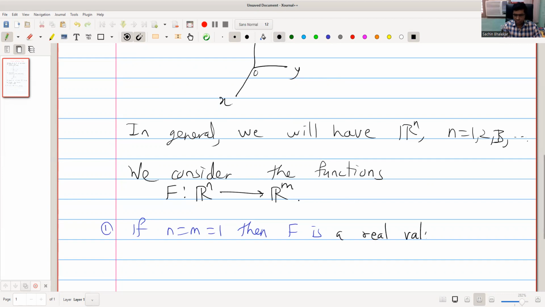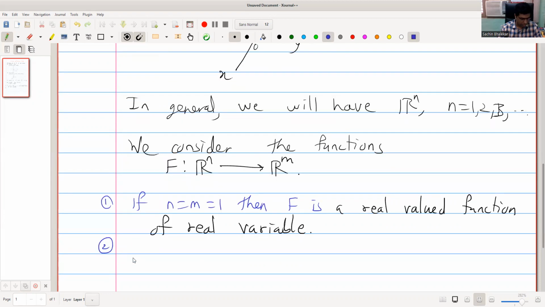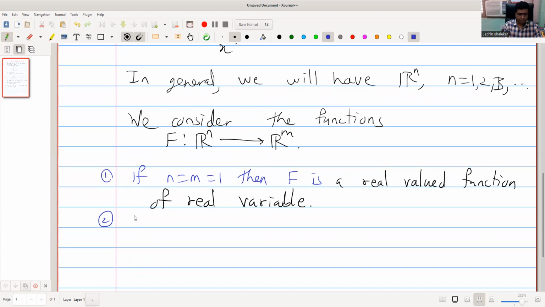Second thing, if n greater than 1 and m equal to 1, that means the domain is higher dimensional but values are in one dimension, in R, then f is called a scalar field.